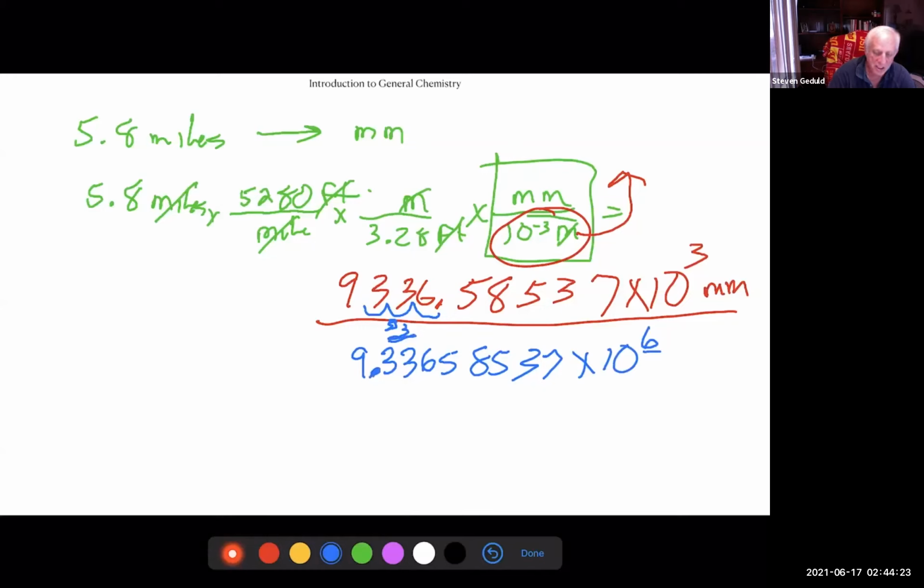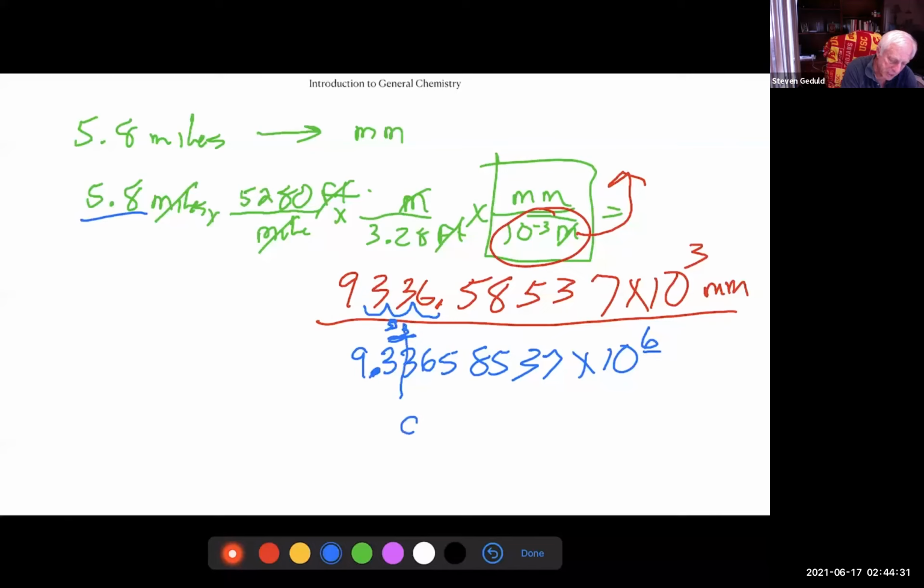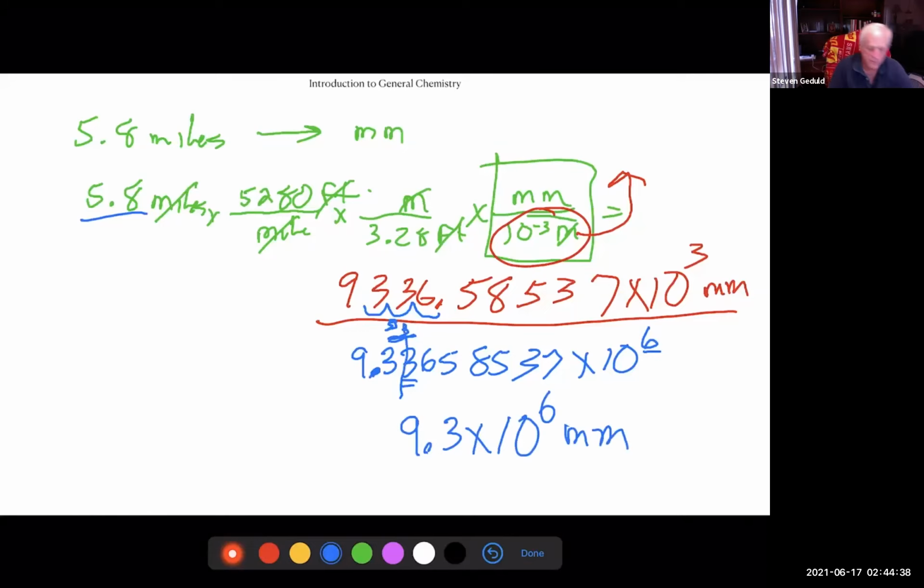That means you can't change your value. And then I'm only good to 2 significant digits. So I have to cut it off right here. So 9.3, this is less than 5, times 10 to the 6 millimeters is your answer. That's the correct answer. Okay.